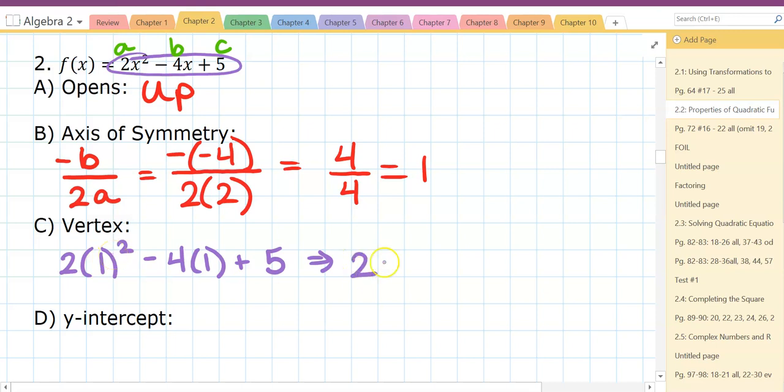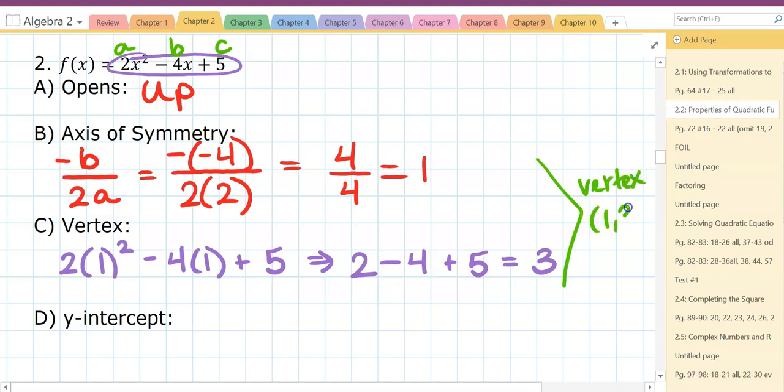So 2 minus 4 times 1 is 4, and then plus 5. So what's 2 minus 4 plus 5? 3. So the vertex is going to be 1, 3.